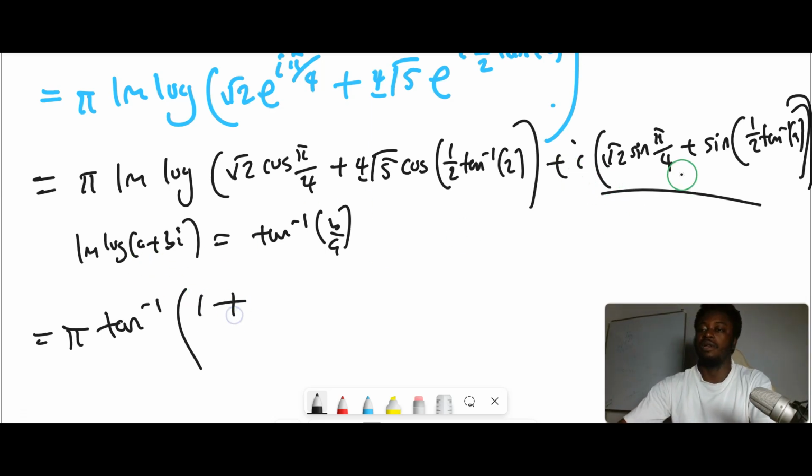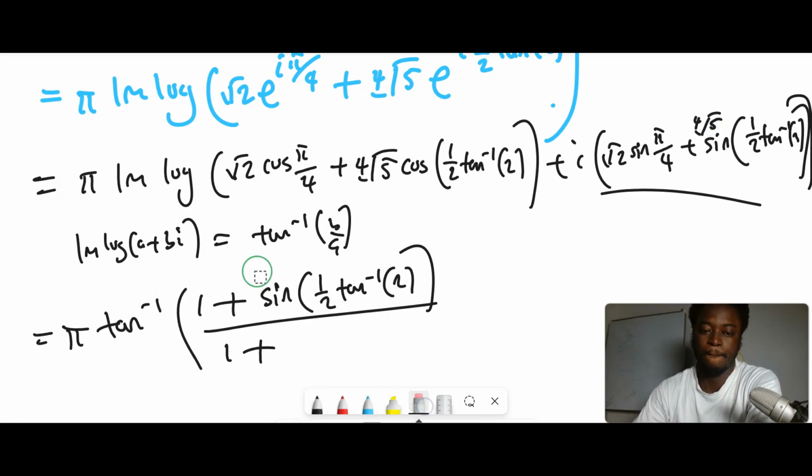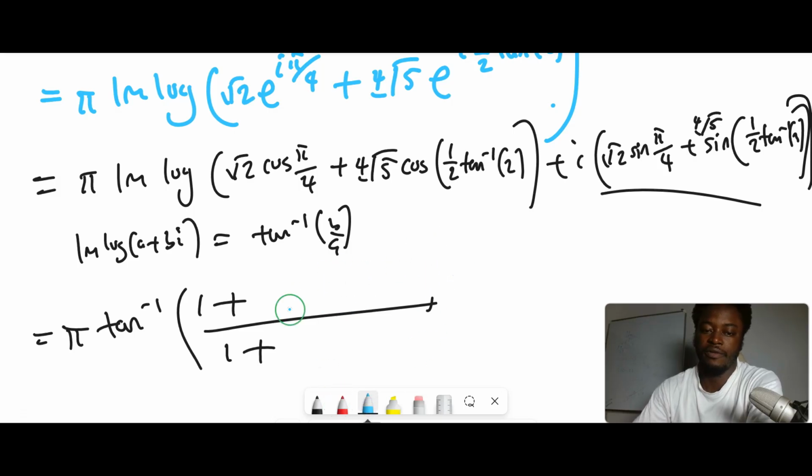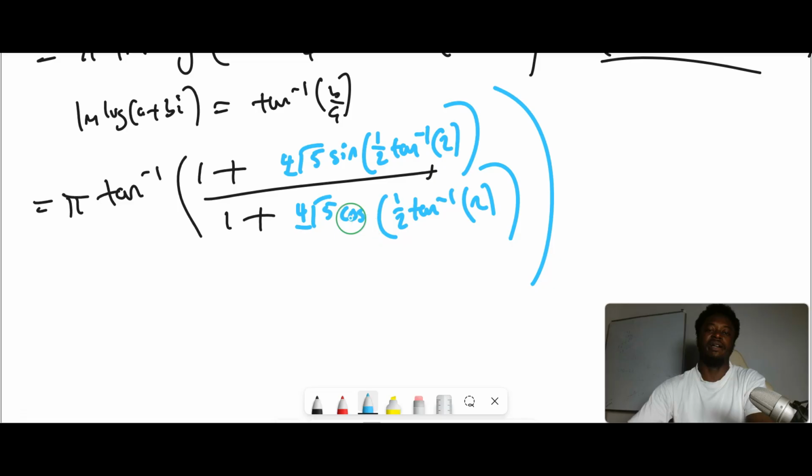So you have 1 plus the fourth root of 5 times sine of 1 over 2 tan inverse of 2, divided by 1 plus, I forgot the fourth root of 5 here, so let me write that down, the fourth root of 5 times the cosine of 1 over 2 tan inverse of 2.